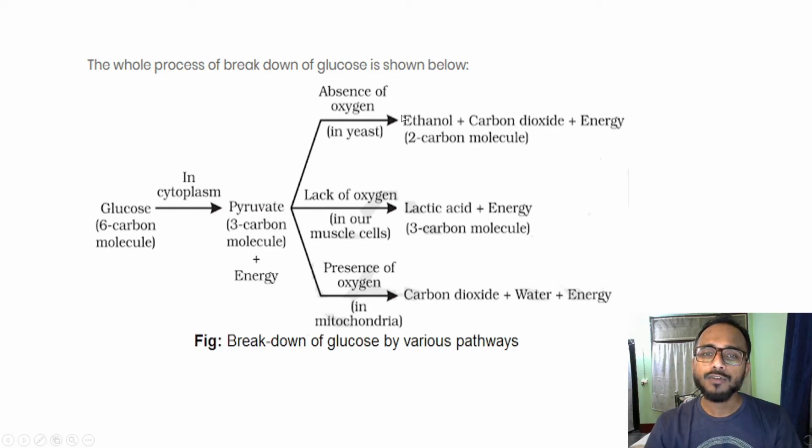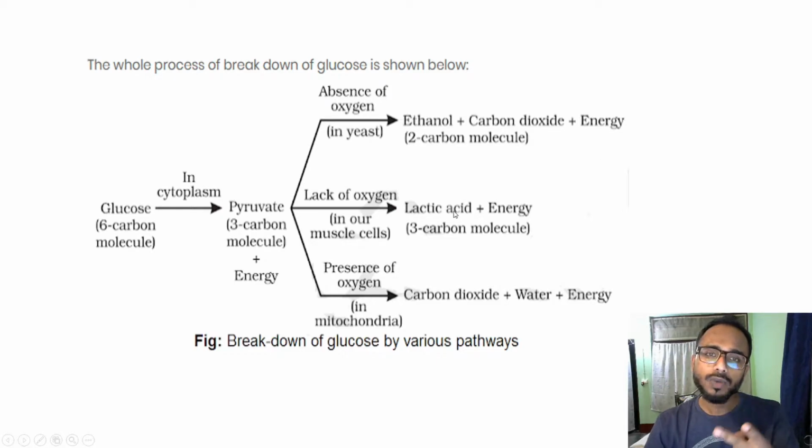Now this pyruvate is going through respiration in 3 different ways. If it is taking place in absence of oxygen, in yeast, then it will give you ethanol, carbon dioxide and energy. If it is going through respiration in lack of oxygen in our muscles, then it gives lactic acid and energy.